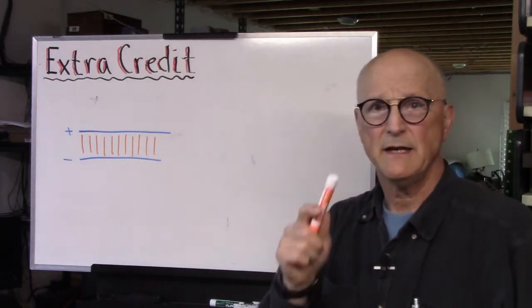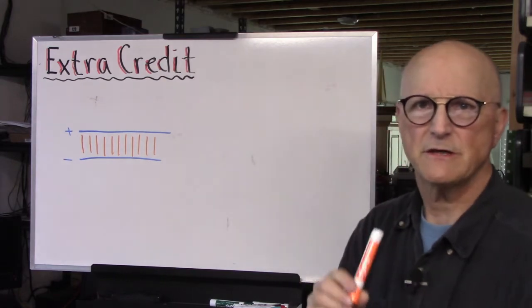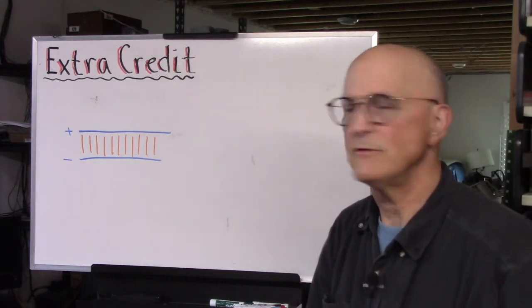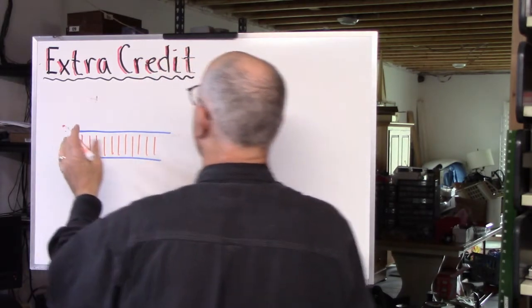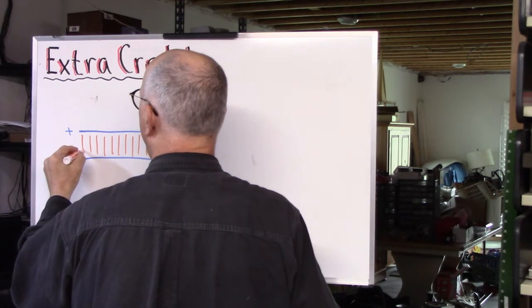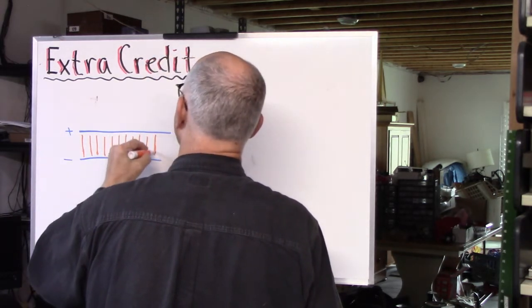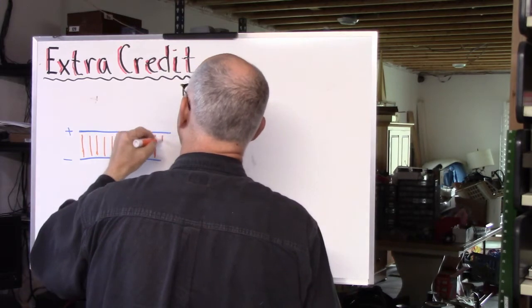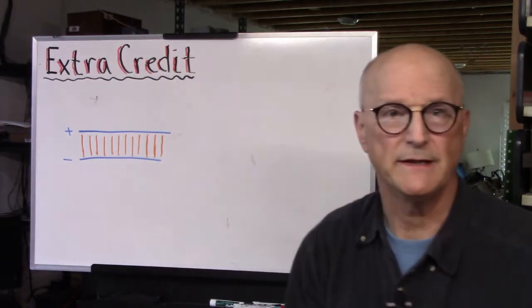And like I said, the electric field must exit the charged surface at right angles to the charged surface. So if these two plates are perfectly parallel to one another, that means that all of the lines of force, all of the electric field lines, are confined between the two plates.